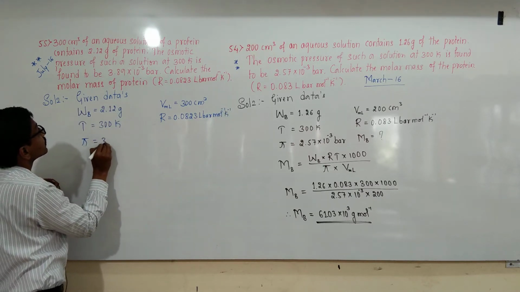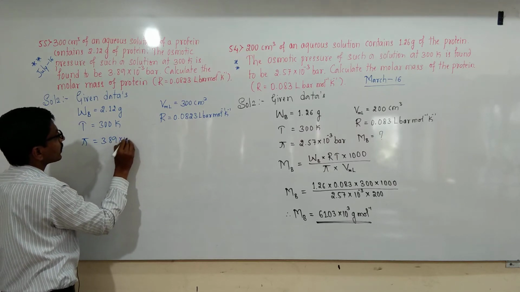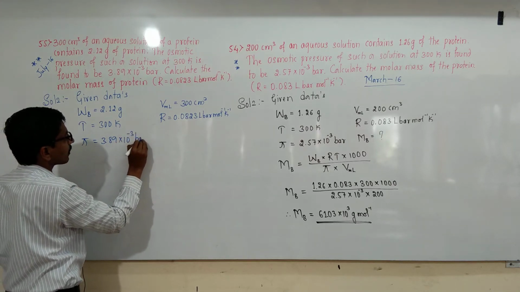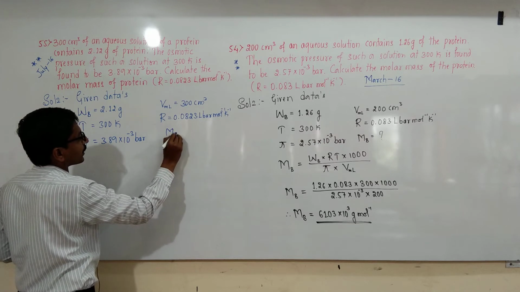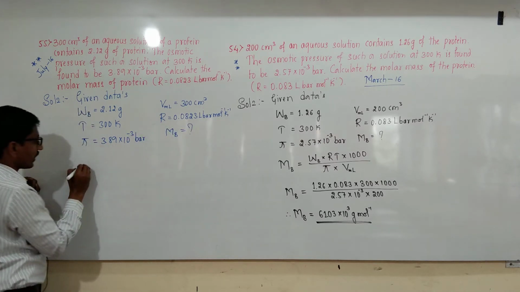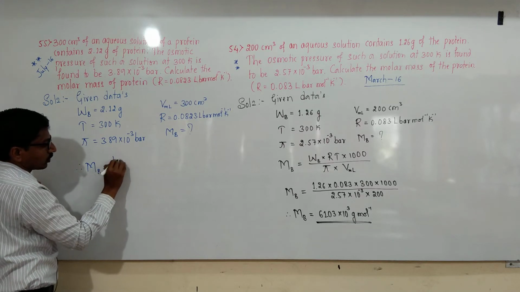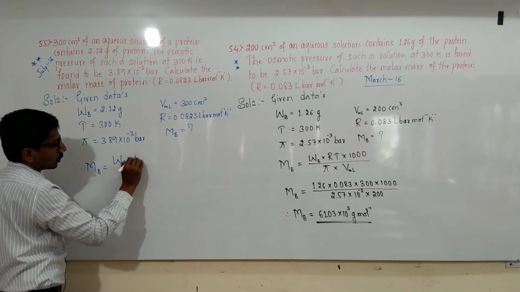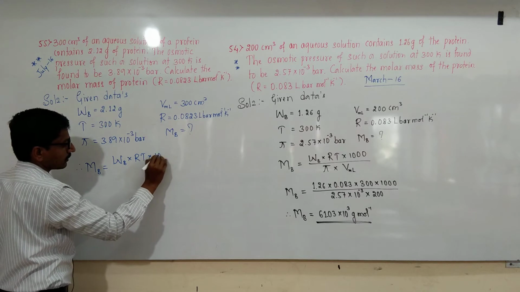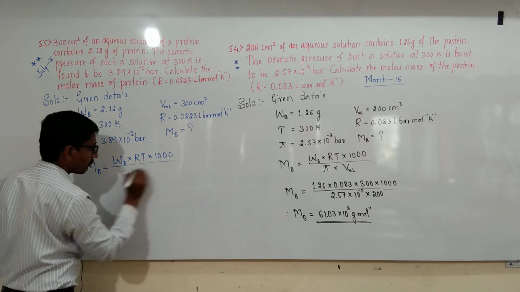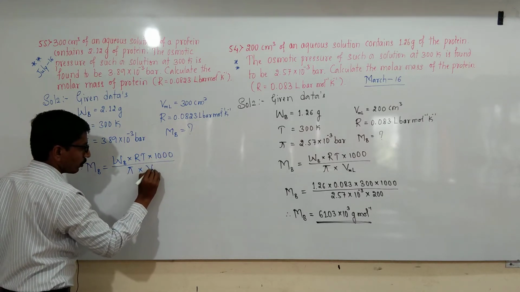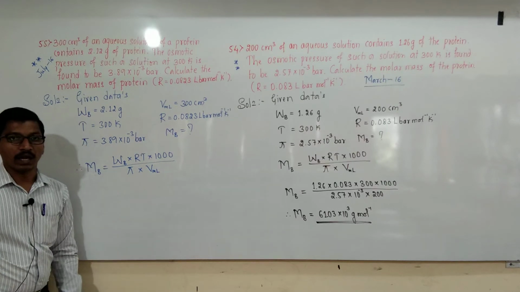Osmotic pressure is 3.89 into 10 raised to minus 3 bar, and from this data molar mass is calculated. Therefore, molar mass of protein is equal to WB into RT into 1000 divided by pi into volume of the solution in ml.